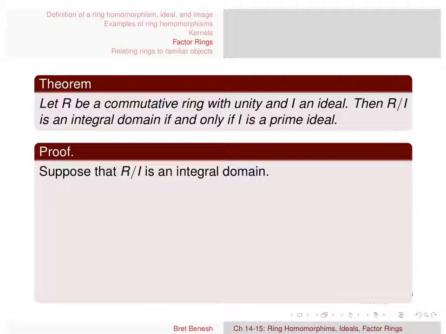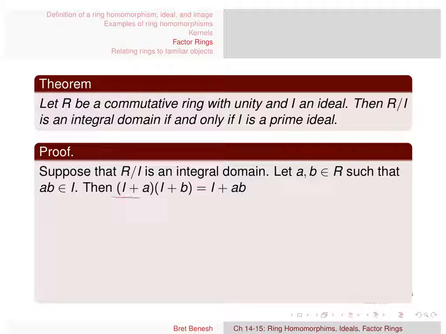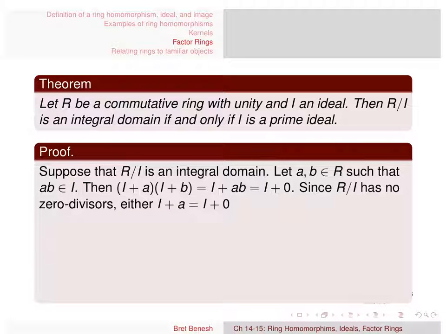Here's a proof. Suppose we have an integral domain quotient. If we have a and b multiplying together to give me I, then if I multiply them together, I get I plus ab equals I plus 0. Remember, I is the identity. But R/I has no zero divisors.